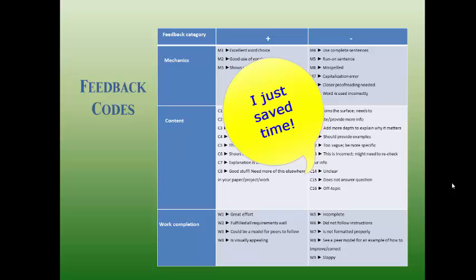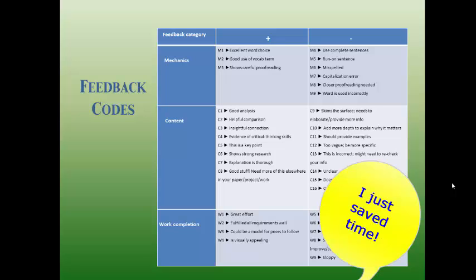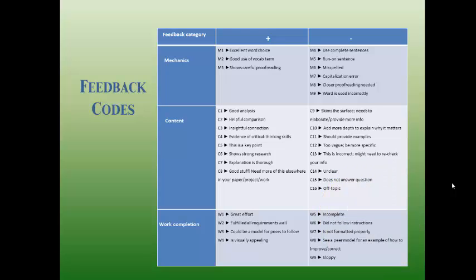Work completion, you've got a few different things there. Maybe we see that they put a lot of effort into their product, and that could mean a lot of different things depending on what you've asked them to do, but we can acknowledge that with a W1, work completion feedback number 1, and that may be true of some parts of their work and not others, so we don't just write it at the top of their page, but in the particular spots where we see it.